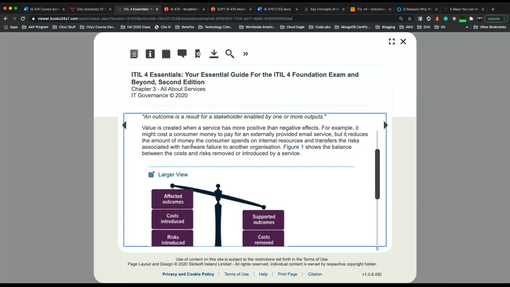Okay, so for example, it might cost a consumer money to pay for an externally provided email service, but it reduces the amount of money the consumer spends on internal resources. What it means by that is maybe it uses an email service, let's say like QQ or Gmail, instead of creating their own for their organization.